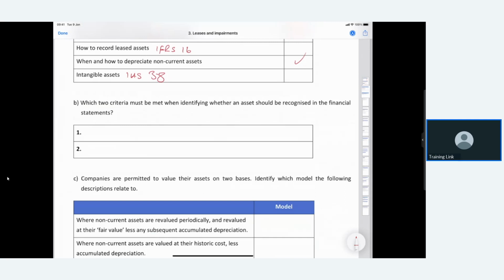Two key points: probable future economic benefits. You see that term quite a lot. Economic benefit will flow to the entity.